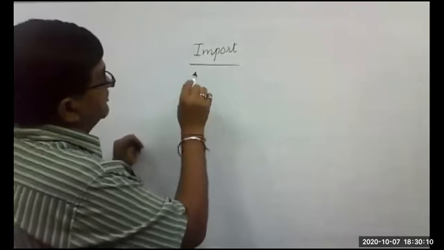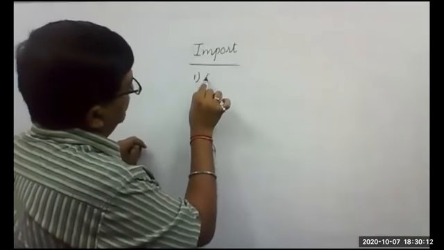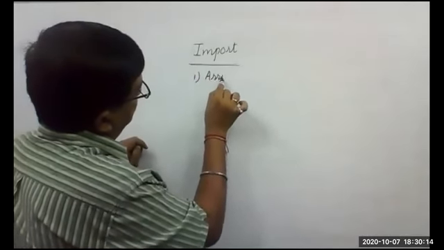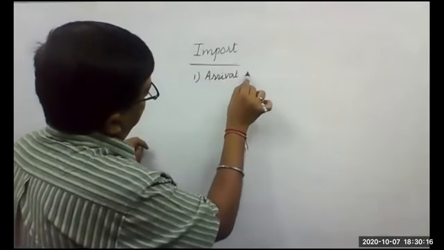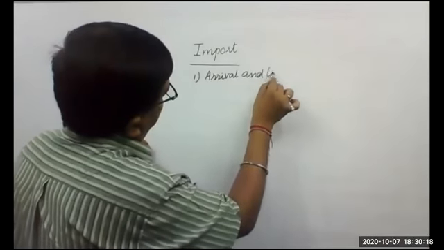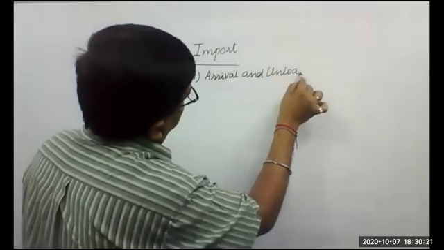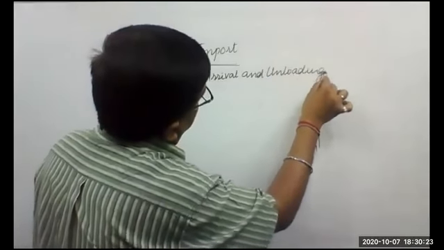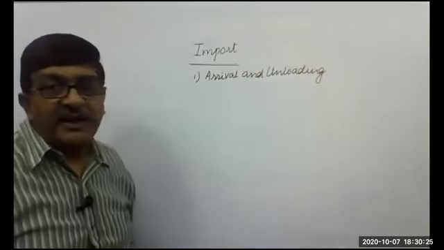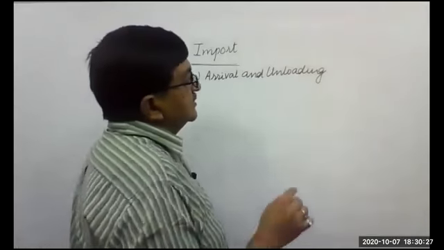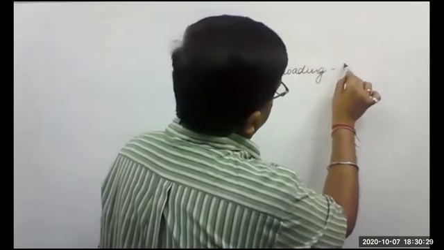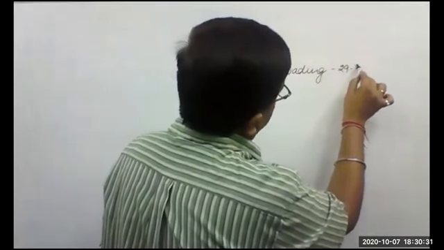In import, the first portion is arrival and unloading. These provisions are covered from section 29 up to section 38.